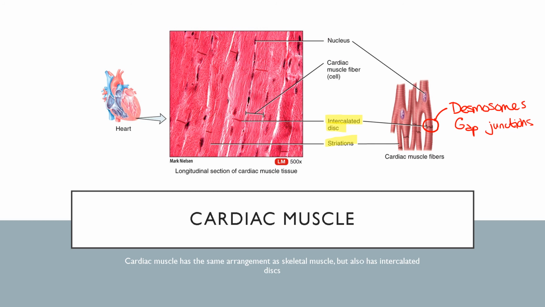And these gap junctions allow muscle action potentials to spread from one cardiac muscle fiber to another. Cardiac muscle tissue has endomysium and perimysium, but it does lack epimysium.